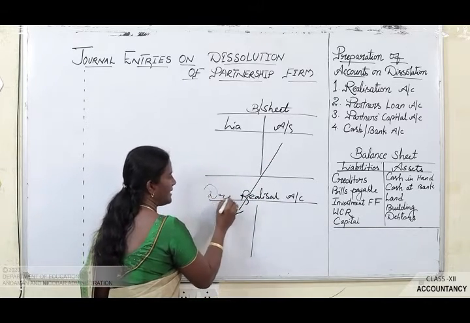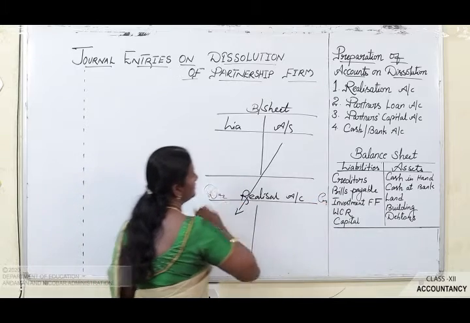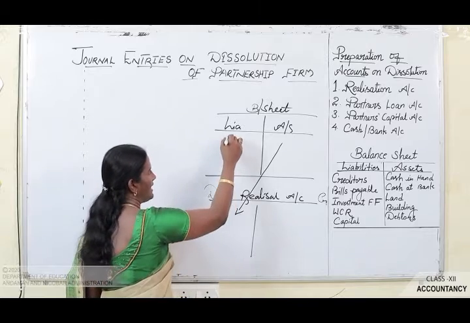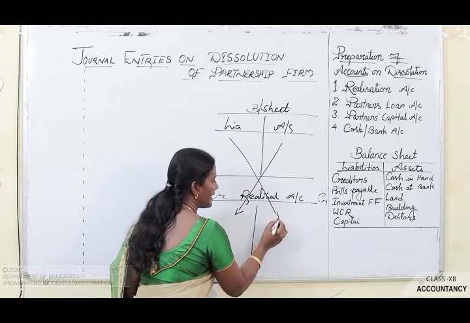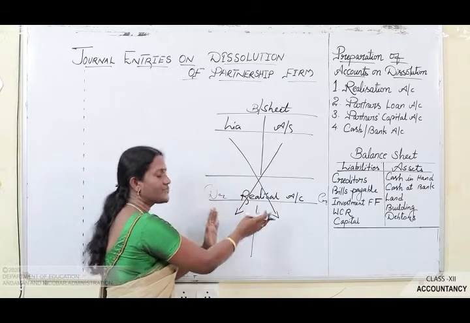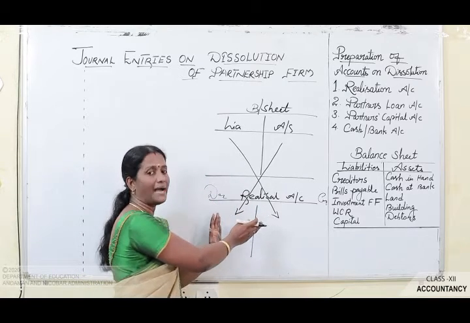This is the debit side and this is the credit side. Assets can be transferred to the realization account debit side, and liabilities can be transferred to the realization account credit side, and like this we can transfer the assets and liabilities from the balance sheet.